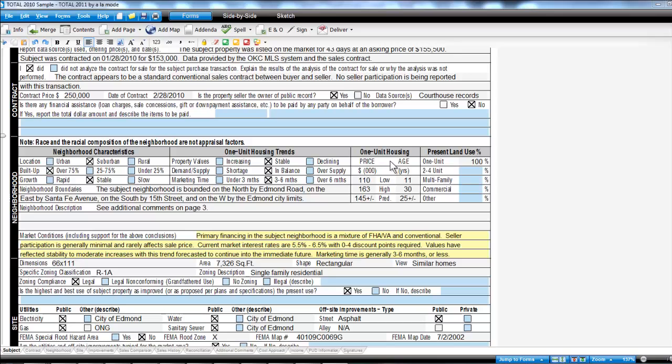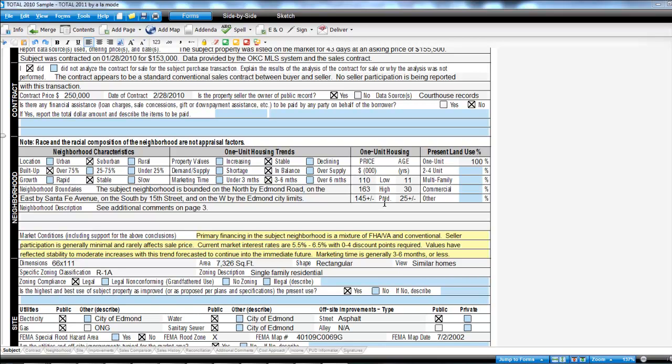One unit housing prices, this again can be debated. What I try to do is reflect the entire neighborhood, not just homes that are similar to the subject. So if I've defined the neighborhood and my subject is a 2,000 square foot 5-bedroom, 2.5 bath, and that's typical, but there's pockets of older cottages, then I would include those in the age range and in the price range.